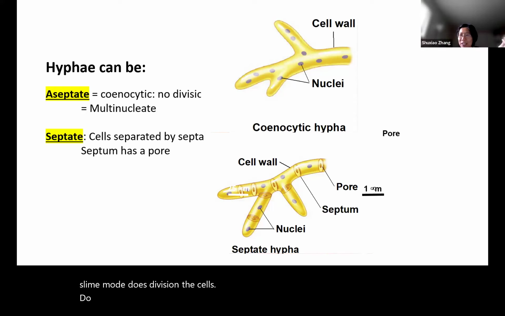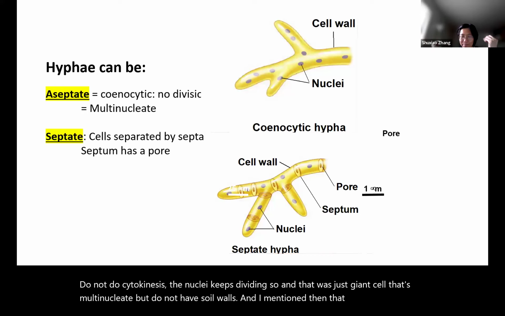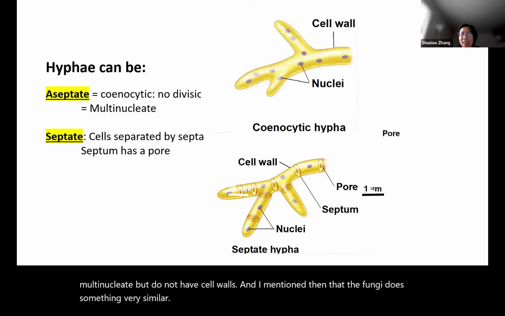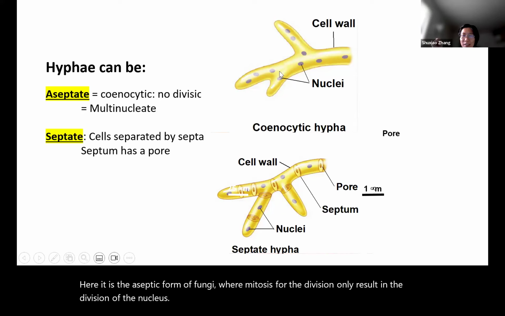The nuclei keep dividing, so you end up with just a giant cell that's multinucleate, but does not have cell walls. And I mentioned then that the fungi does something very similar. Well, here it is. It is the aseptate form of fungi, where mitosis only results in the division of the nucleus, but there's no cell wall separating each of these.